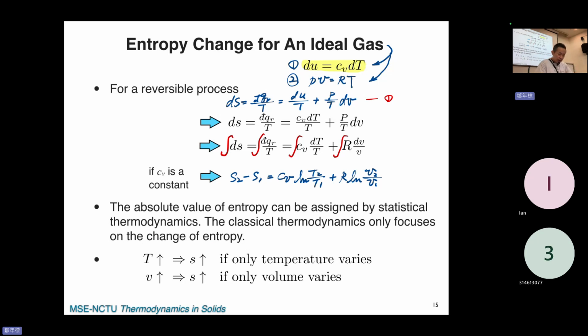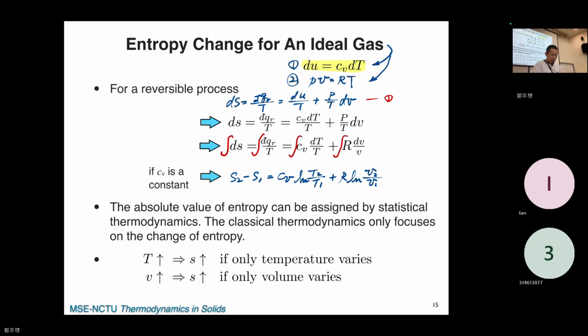And we can notice this. If T2 is greater than T1, which means that T increases, of course S increases. And if the volume increases, the total S will increase. Of course, this is kind of obvious, right?